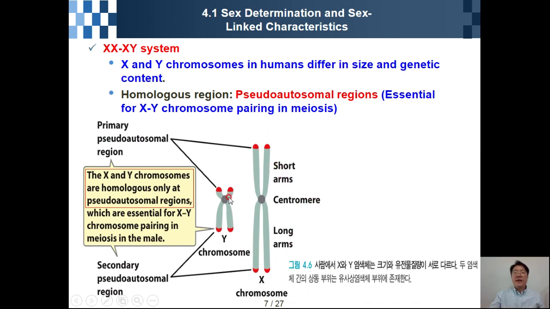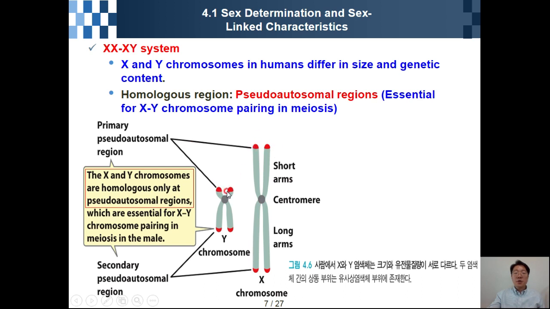So the X and Y chromosomes in humans, and also in most mammalian cells, differ in size and also differ in genetic content, but they have a homologous region. We call it the pseudo-autosomal region.